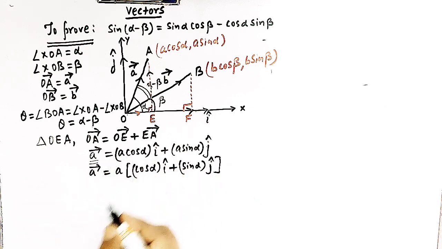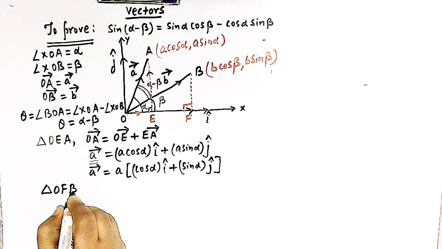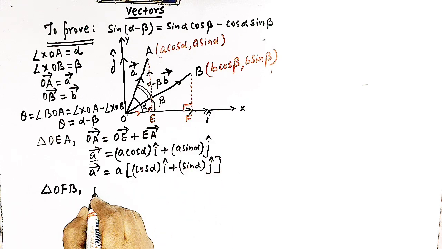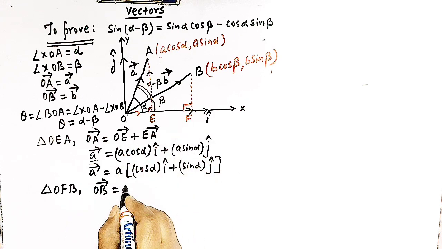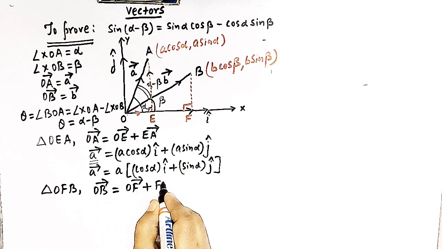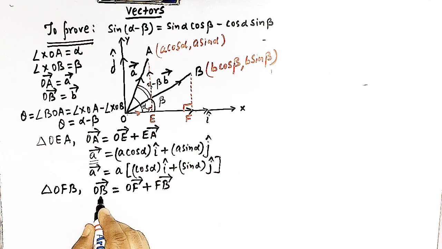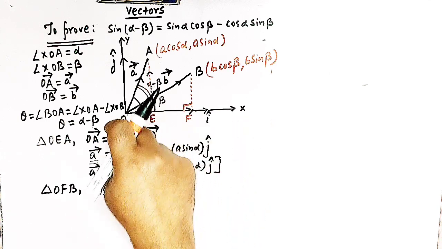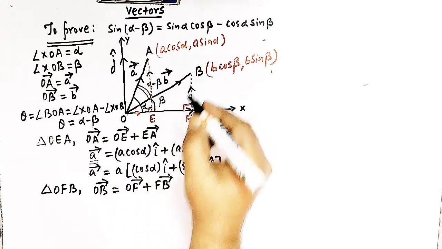Taking A as common. Now in triangle OFB, we can similarly write vector OB as vector OF plus vector FB. So this is the component of vector OB along x-axis, and this is the component of vector OB along y-axis, right?